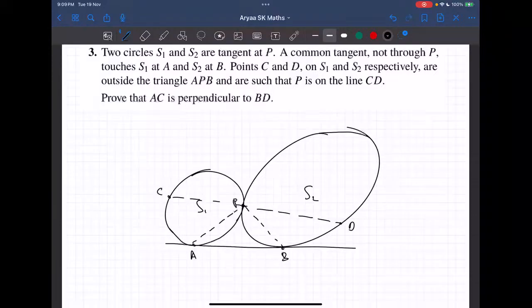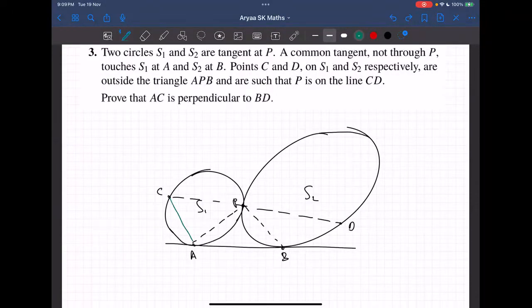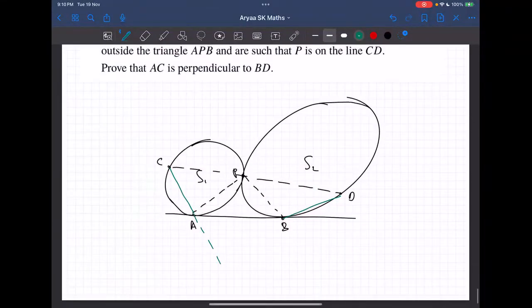What we're trying to prove is that AC is perpendicular to BD. I'll use a different color. We're trying to prove this line here is perpendicular to this line here. So what that's saying is if we extended these down, we would have a right angle there.